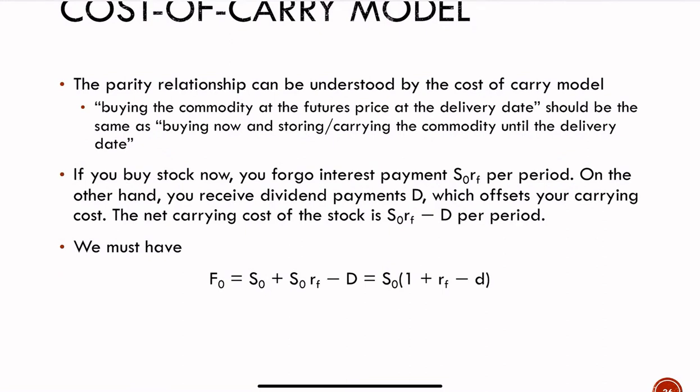So the basic idea of the cost of carry model is you have two ways to get this commodity, and these two ways should be the same. So what are the two ways I am talking about?